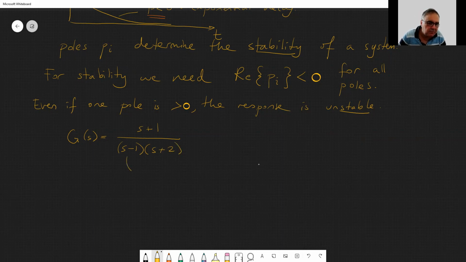So here you have one of the poles, p2 is -2. This is okay. But here, p1 is 1. And this is not okay. This means that the pole is positive, so the system is unstable. This is an unstable pole.